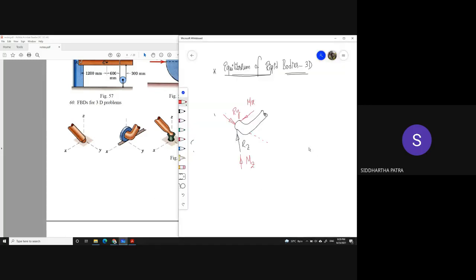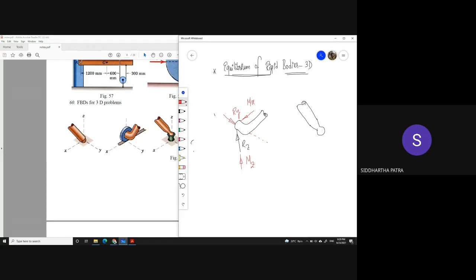So in the ball and socket joint, what sort of reaction would we get?